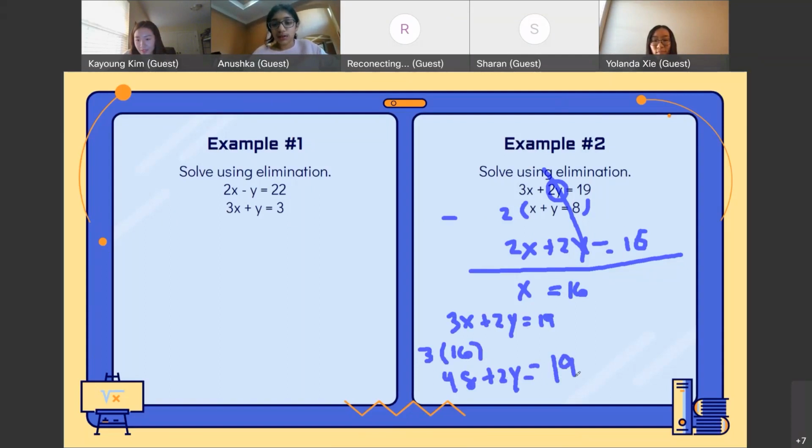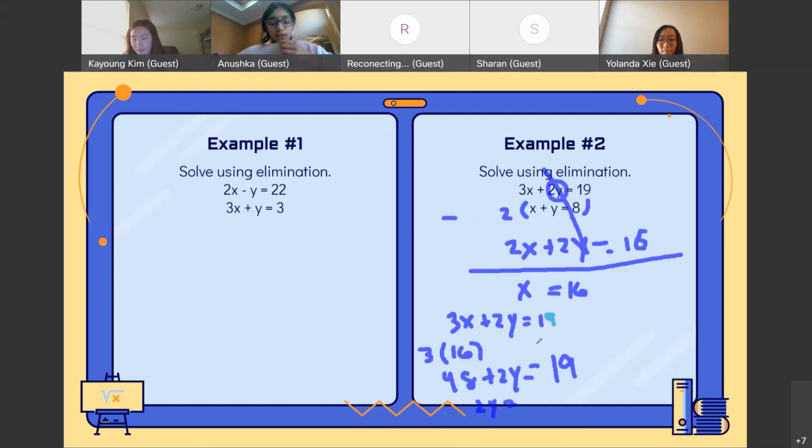And the only really logical solution would be a negative number. 48 minus 19, and then add a negative sign.